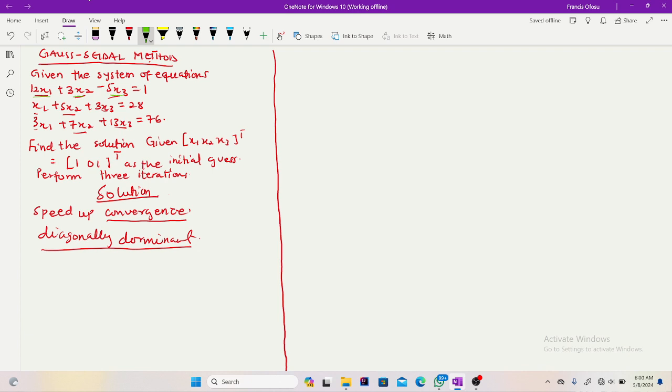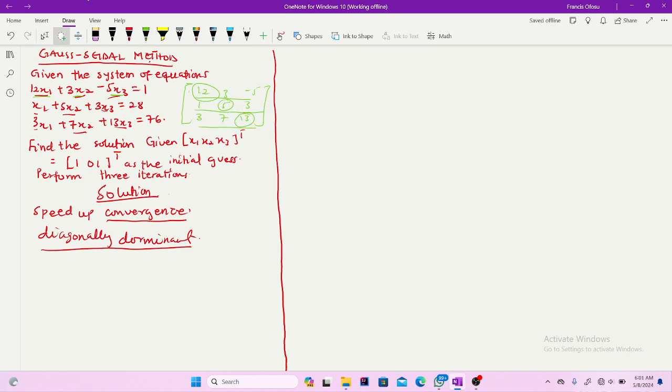So if I write the coefficient matrix here, I'll have 12, 3, 5, then 1, 5, 3, then 3, 7, 13. We realize that 12 has the maximum magnitude within its row, 5 has the maximum magnitude within its row, and 13 has the maximum magnitude within its row.